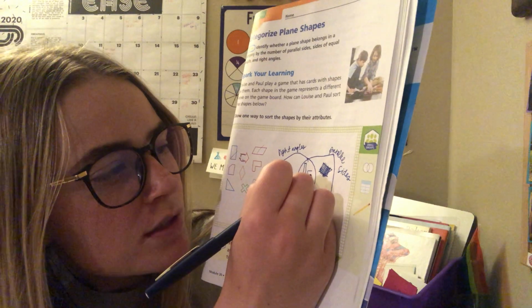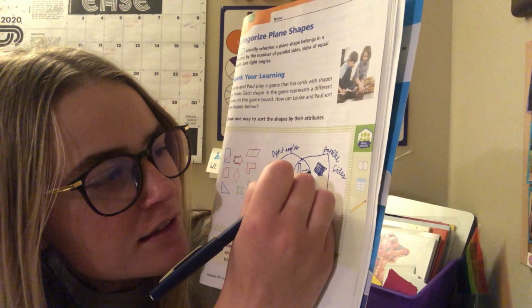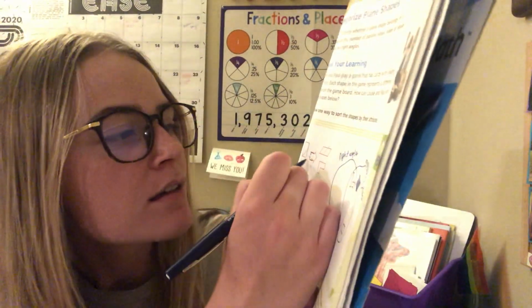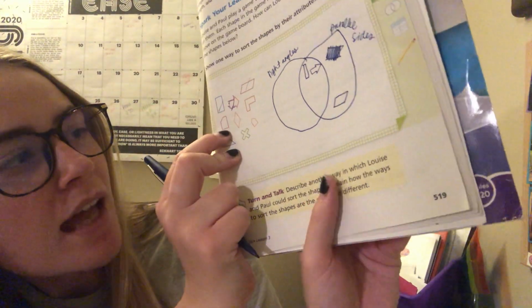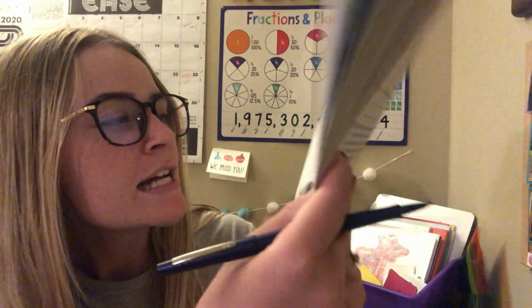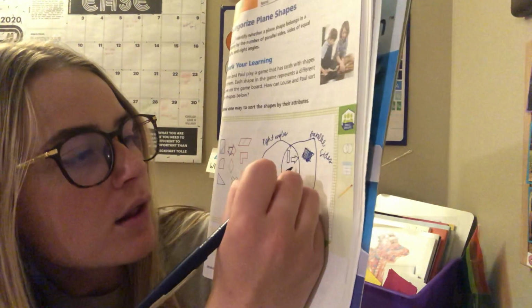Oh gosh, this is really testing my artistic abilities. We just do our best. Then we have this shape right here that looks like a little corner of the paper got cut off. This shape has right angles and it has parallel sides, so it's going to go in the middle.